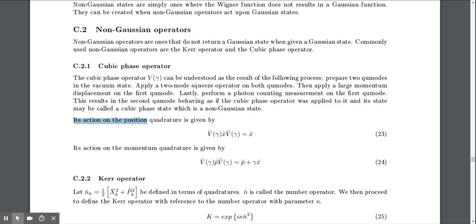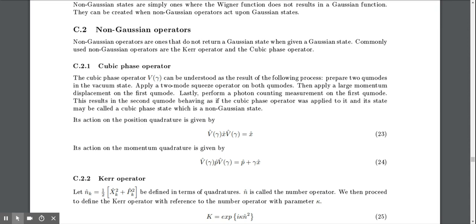The action on the position quadrature is given by, and the action on the momentum quadrature is given by. So it just affects the momentum. That's basically what this is saying. You apply a two Q-mode squeeze operator on both Q-modes.